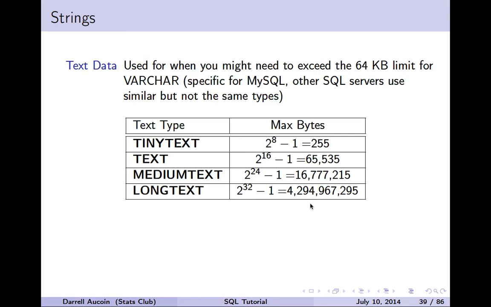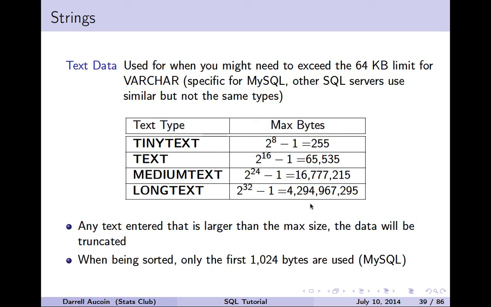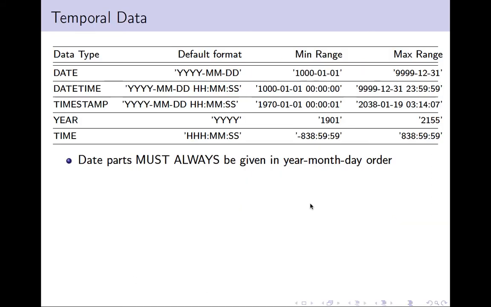This one's for MySQL, but each one has its own different size. This is all listed in the sheet there, so I'm not going too deep into it, but you get the idea. Any text larger than this will be truncated. And it only uses the first ones for indexing.